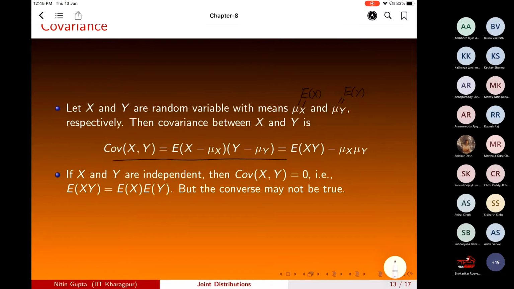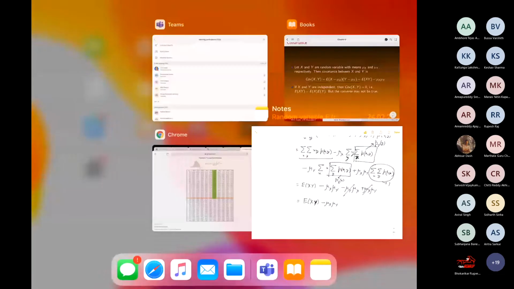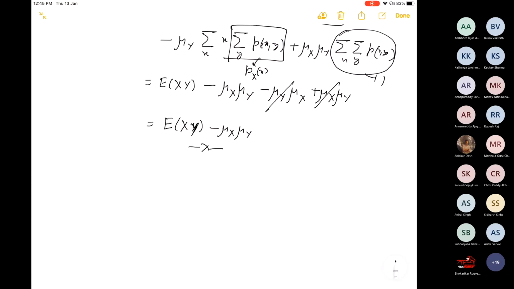So if x and y are independent, then the covariance between x and y is 0. But the converse may not be true. So let us show that if x and y are independent, then covariance between x comma y is 0.